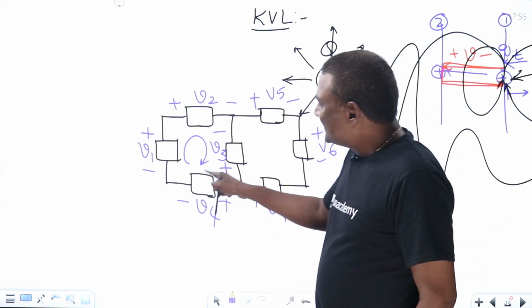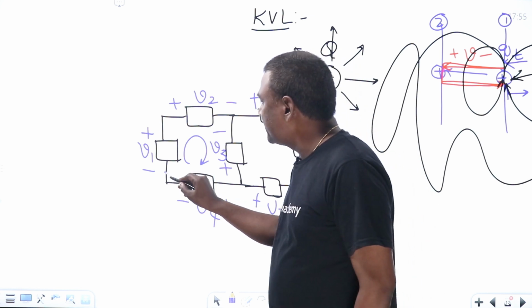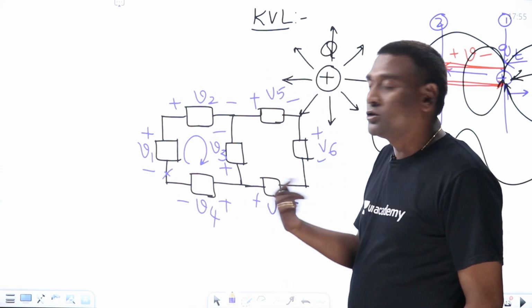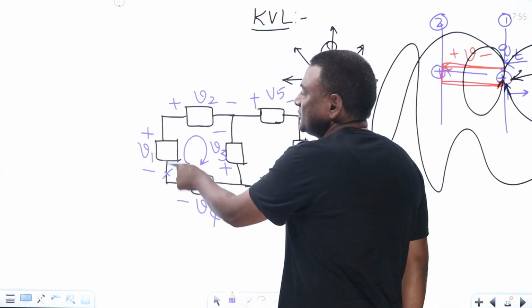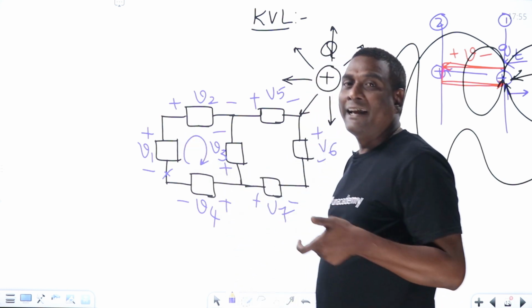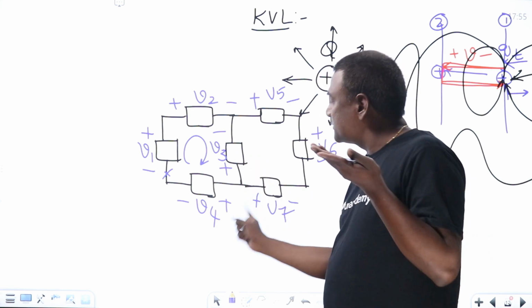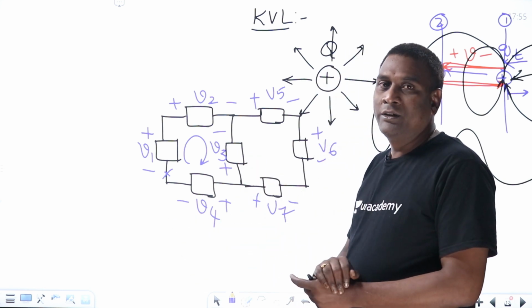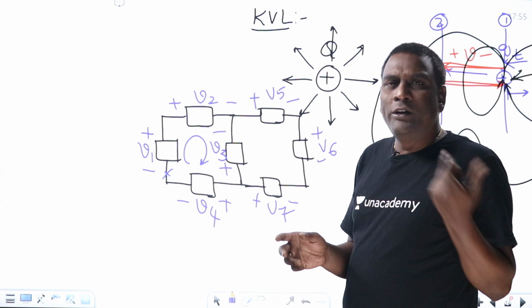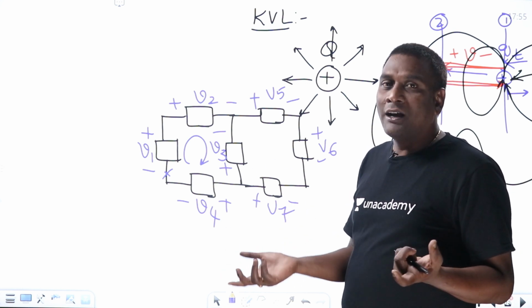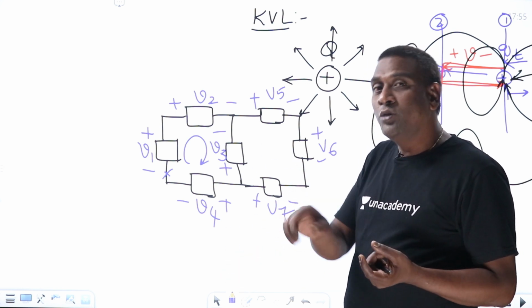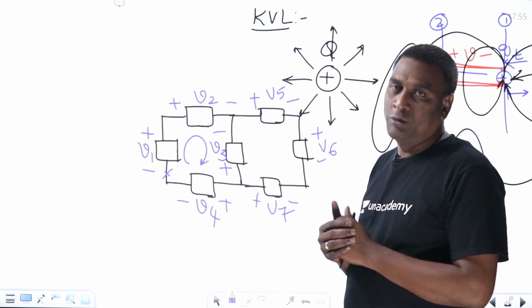If I start from here in any closed path, minus to plus is voltage rise, plus to minus is voltage drop, minus to plus voltage rise, plus to minus voltage drop. Now we can consider voltage rises equal to voltage drops, or the algebraic sum of voltage rises equal to 0, or the algebraic sum of voltage drops is going to be 0.